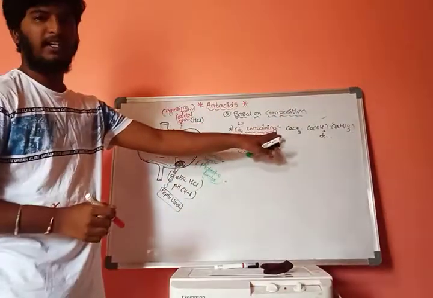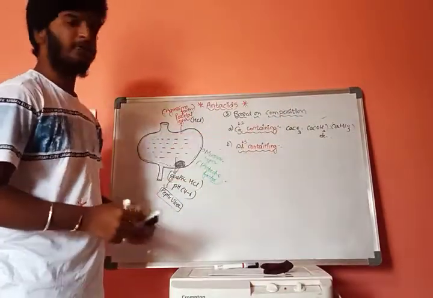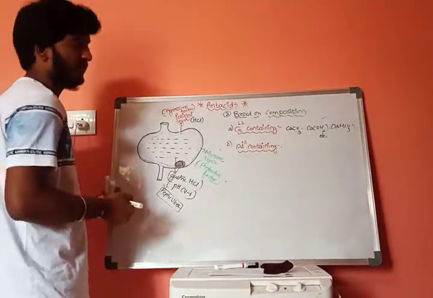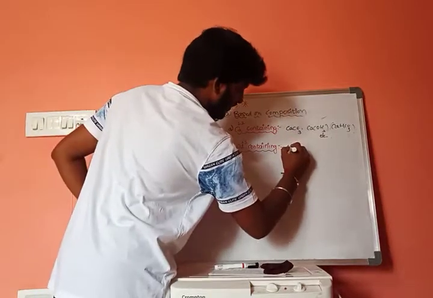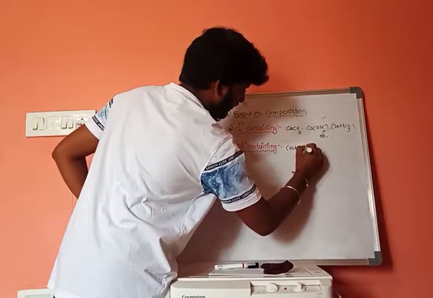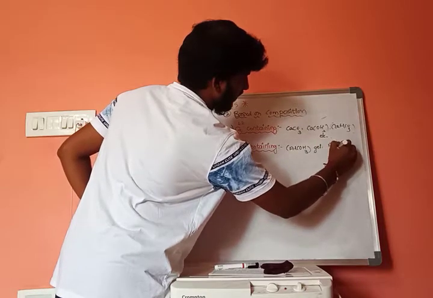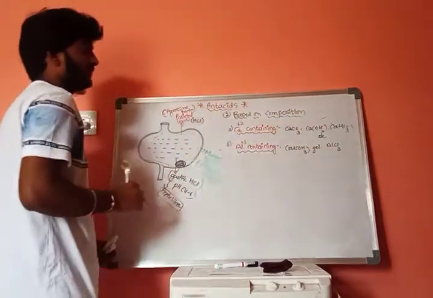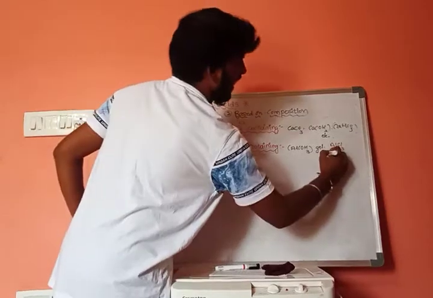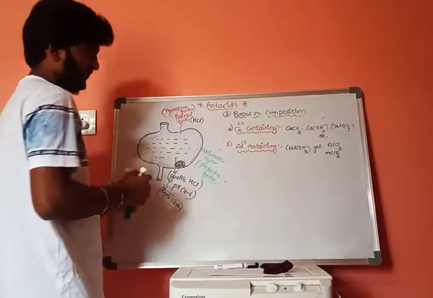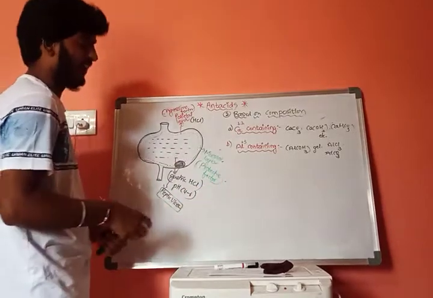First one is calcium containing antacids. Second one is aluminium containing antacids. The examples of aluminium containing antacids are aluminium hydroxide gel, aluminium chloride, aluminium carbonate, etc. This is about the second category.